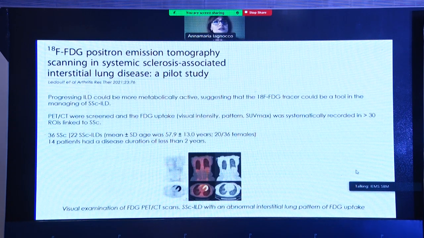This is another study in which FDG PET was used in systemic sclerosis. And this study demonstrated that in patients with interstitial lung disease, there was an abnormal interstitial lung pattern of FDG uptake.